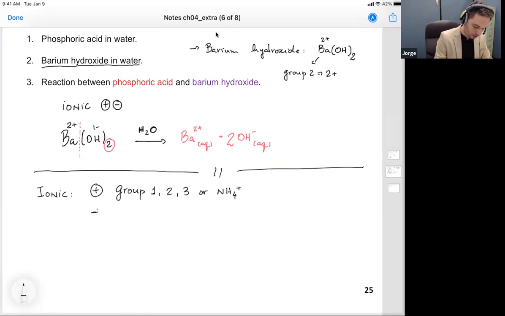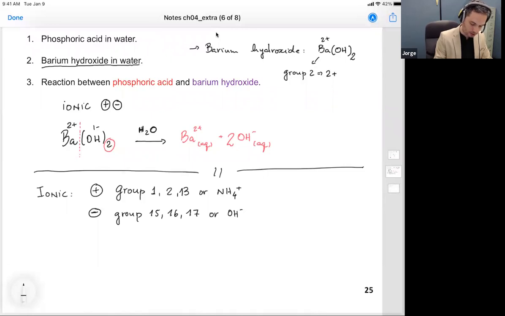And your anions are going to be anyone from groups 13, 15, 16, 17, or hydroxyl.